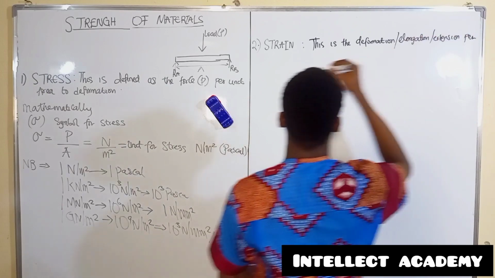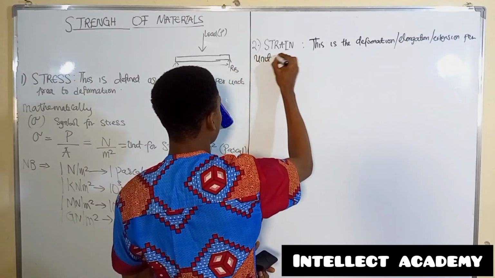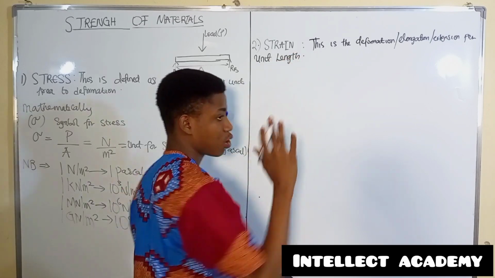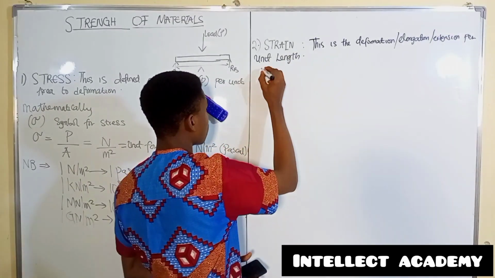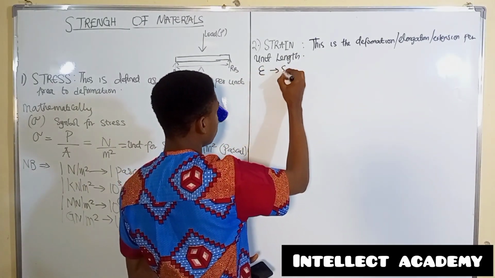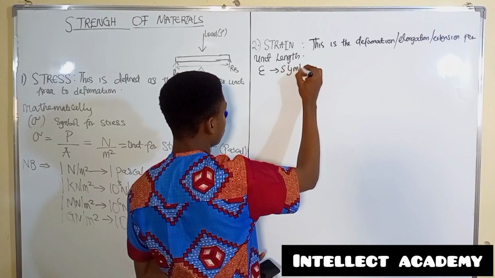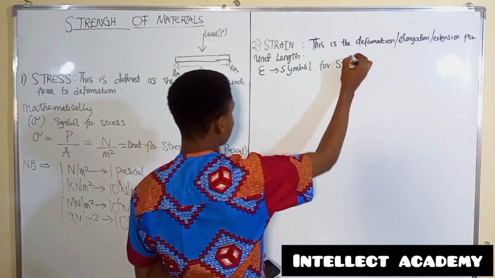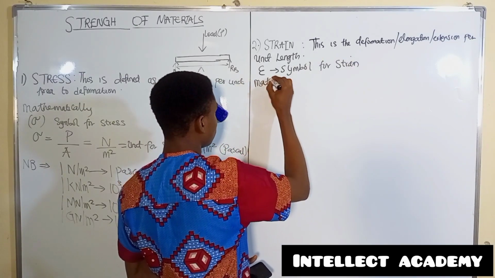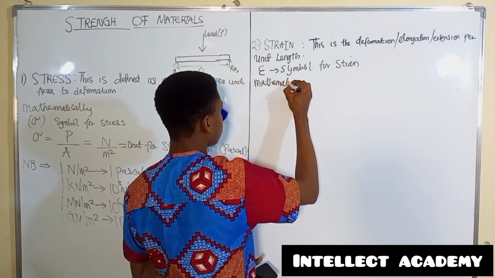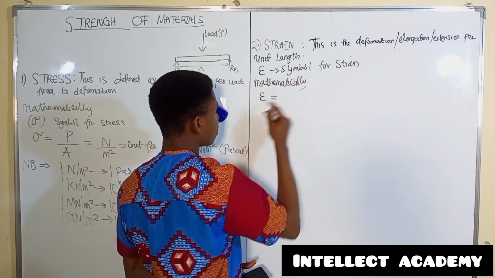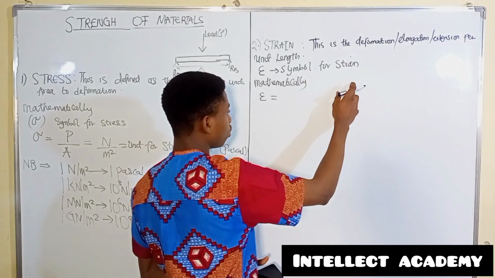per unit length. So mathematically, this is the symbol for strain. So mathematically, strain is the deformation.